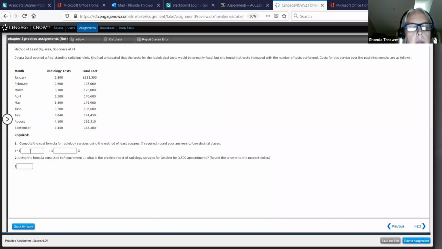And in the formula that they wanted here, this Y stands for total cost. And Y is equal to your fixed cost or your intercept, which we found on that formula sheet for the regression analysis. That was $36,588. That's your fixed cost.